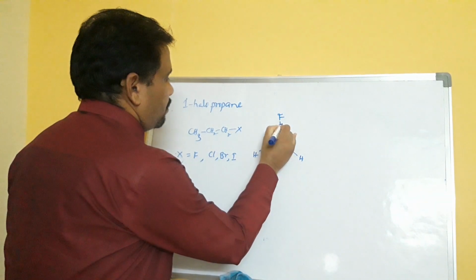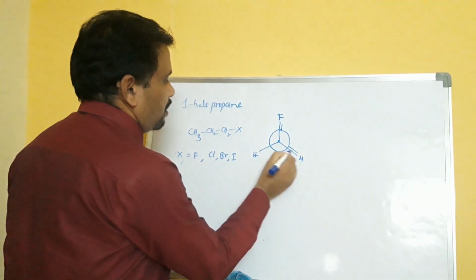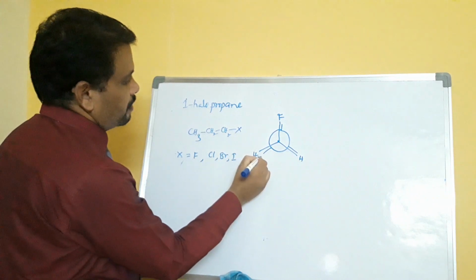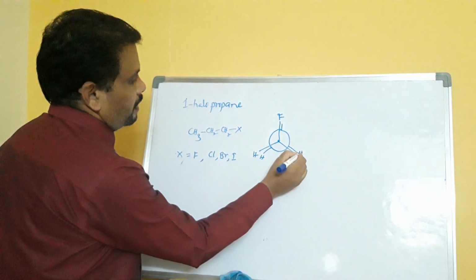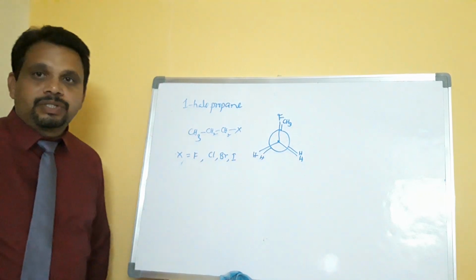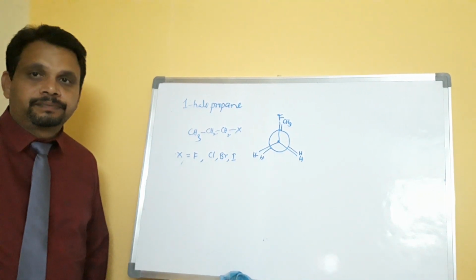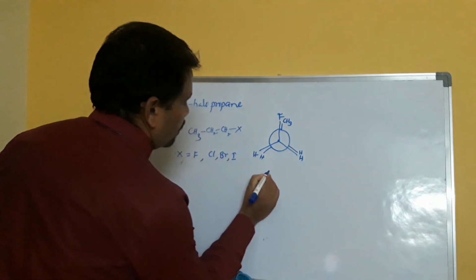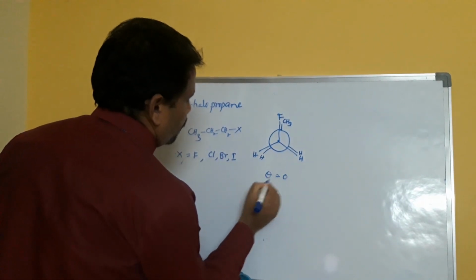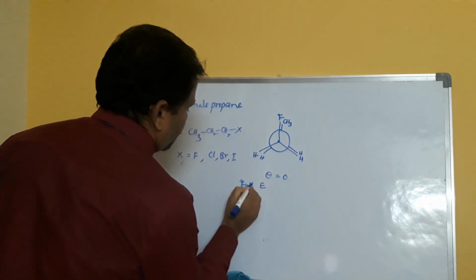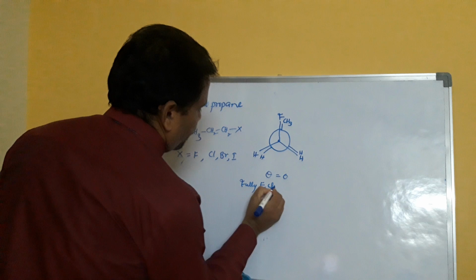For the back carbon you have two hydrogens and one CH3 group. So here the dihedral angle is 0. It is an eclipsed conformer, a fully eclipsed conformer.